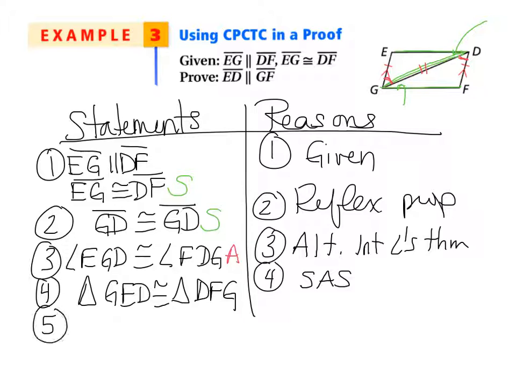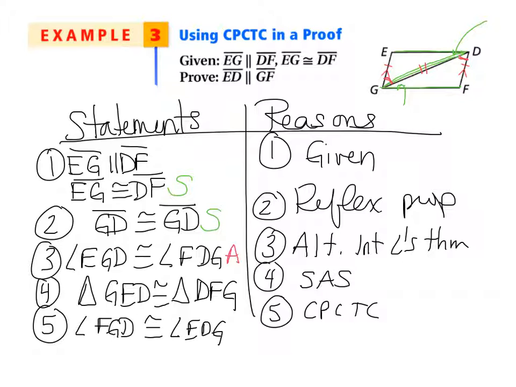Now remember, I'm proving segments parallel, not congruent. So we can't use CPCTC to prove parallel lines, but we can use CPCTC to prove that angles FGD and EDG are congruent because of CPCTC.